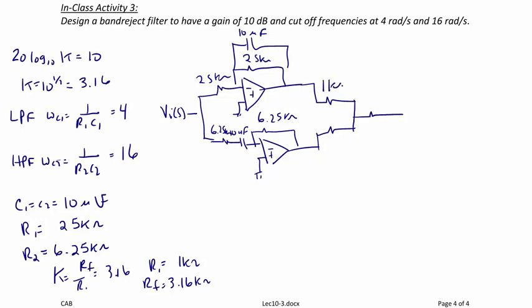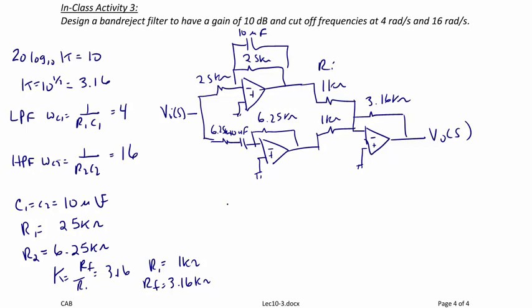So the two input resistors, which are RI, are going to be 1 kiloohm, and the feedback resistor is going to be 3.16 kiloohms. And that goes into the negative terminal on the op amp. The positive terminal is tied to ground, and that's VO of S.